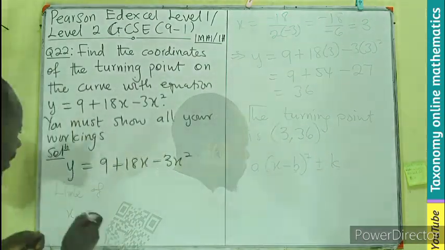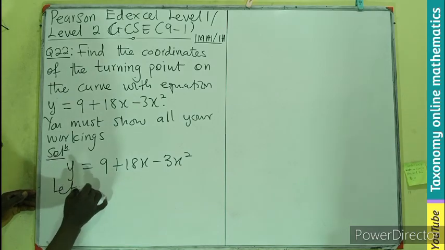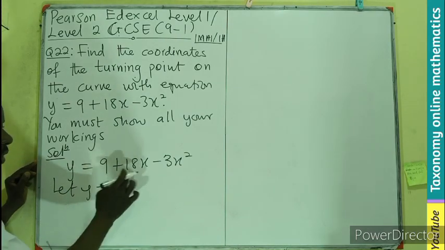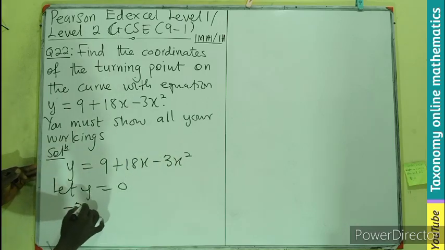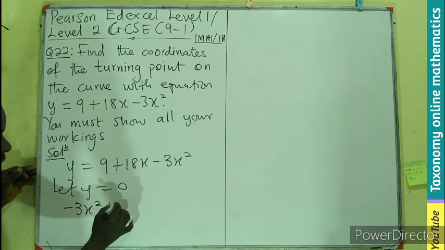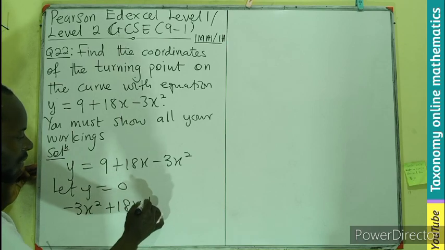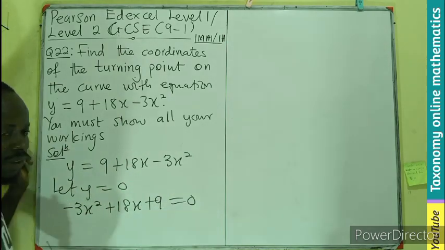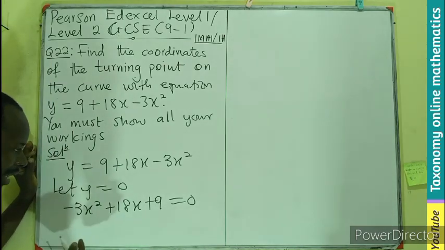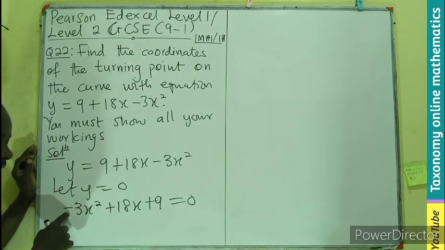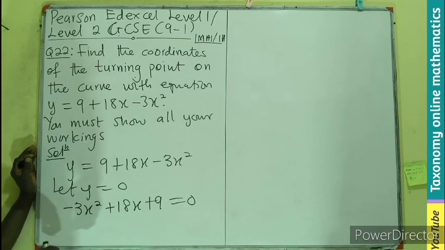So let's say y equals 0. Then let's rearrange it as negative 3x squared plus 18x plus 9 equals 0. We have a negative number in front, so let's factorize that out.